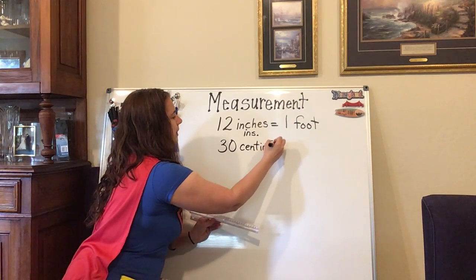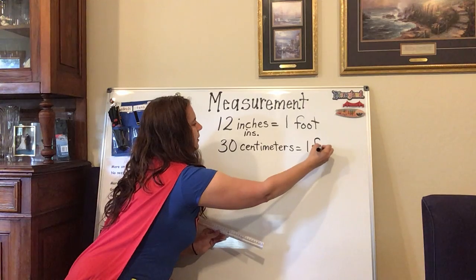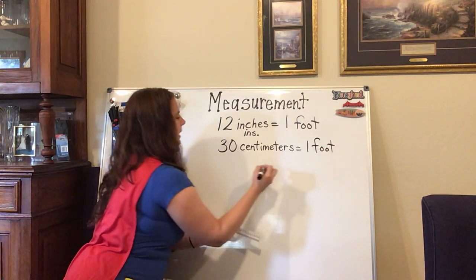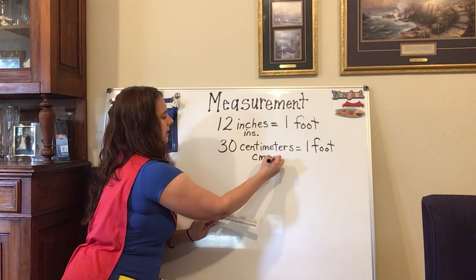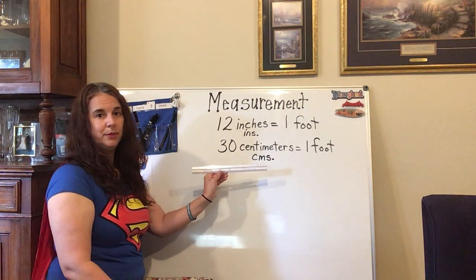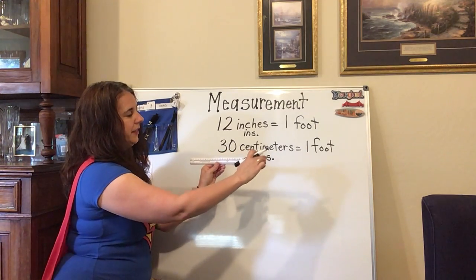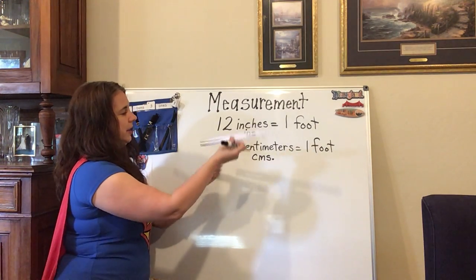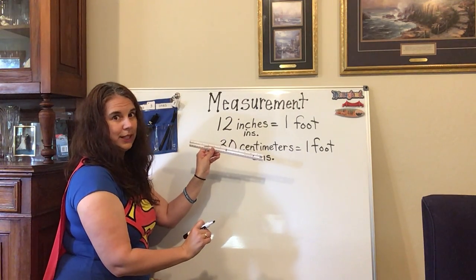This is a very long word. 30 centimeters equals 1 foot. Okay, so the abbreviation we can write is CMS period for centimeters. So there's 30 centimeters in this foot ruler. 12 inches in the foot ruler, 30 centimeters.